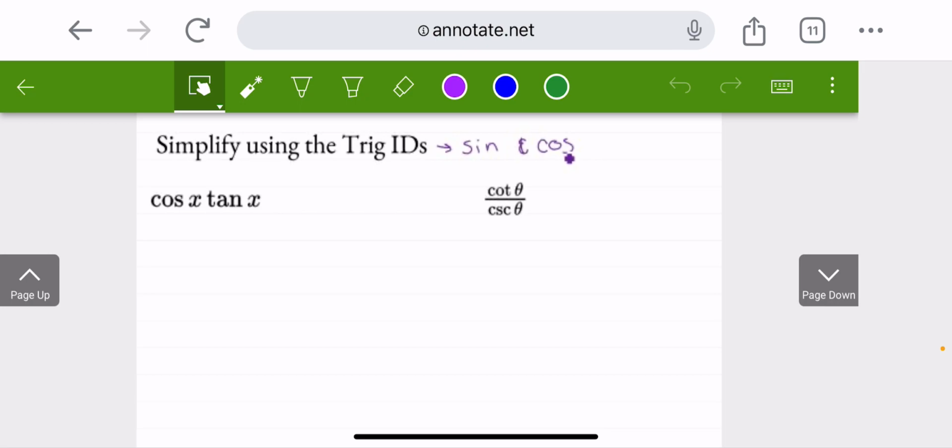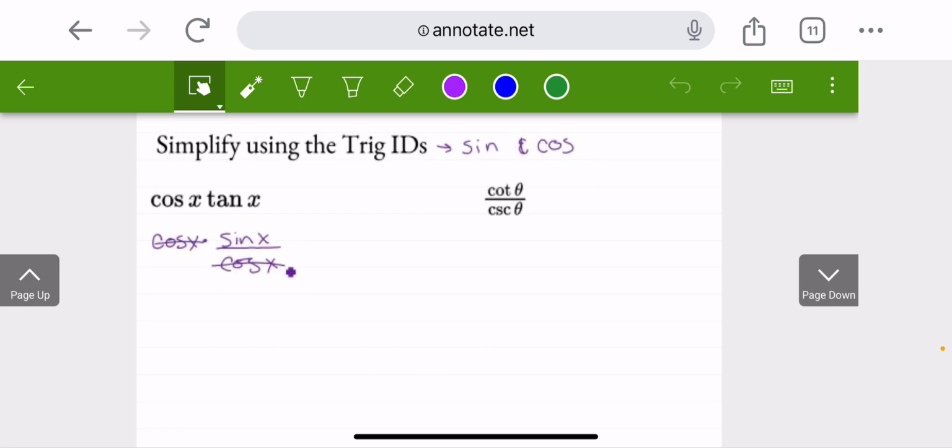So what we mean by that is when we're looking at cosine of x and tangent of x, I'm going to rewrite this as cosine of x times, and the way we write tangent, sine over cosine. So this is sine of x over cosine of x. What can we see that's going to happen here? The cosines cancel out.